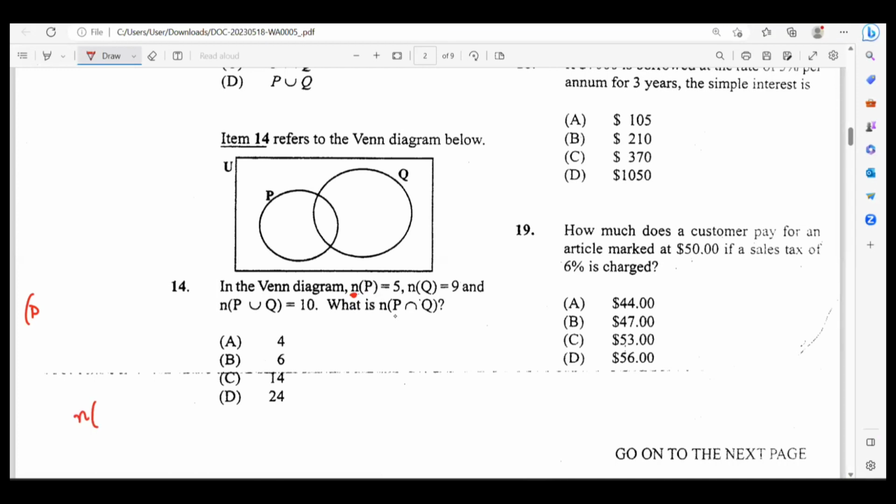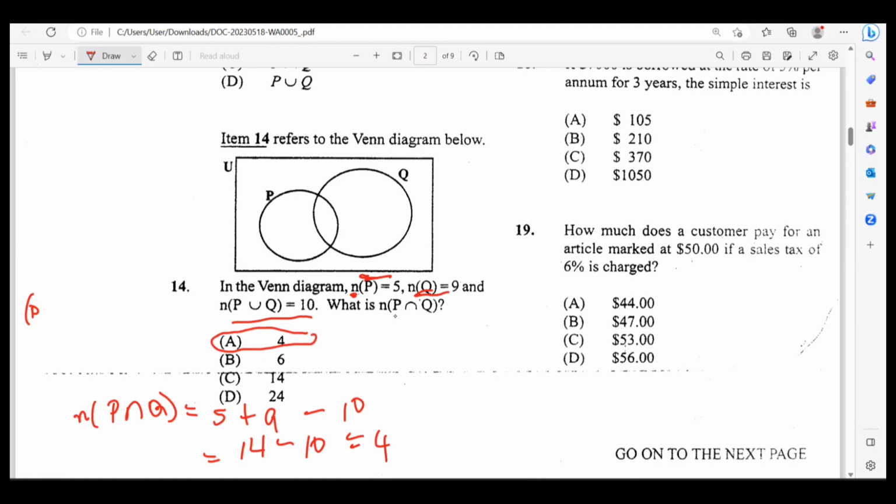The number of elements in P intersect Q is gonna equal 2. The number in P, that's 5, plus the number in Q, that's 9, minus the union, 10. So that's 14 minus 10, 4.